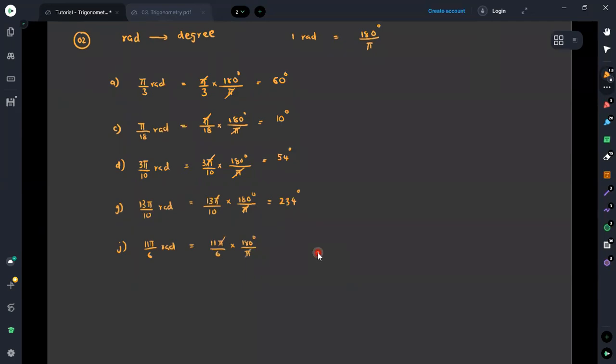Here also, once the terms are cancelled out, then we will get the value as 330 degrees. Here we have discussed how we can convert the radian measures into the degree measures.